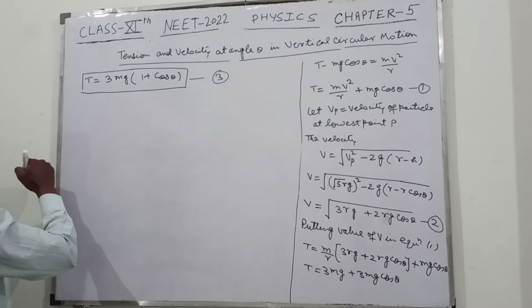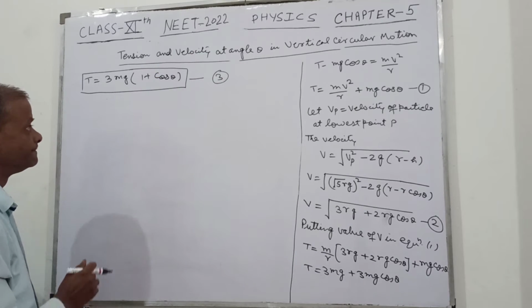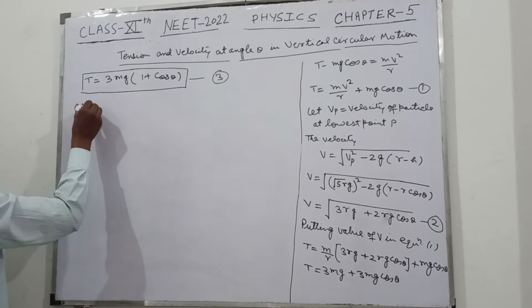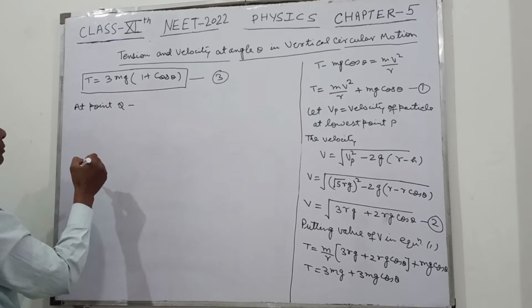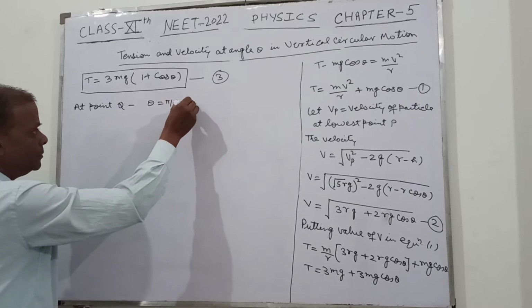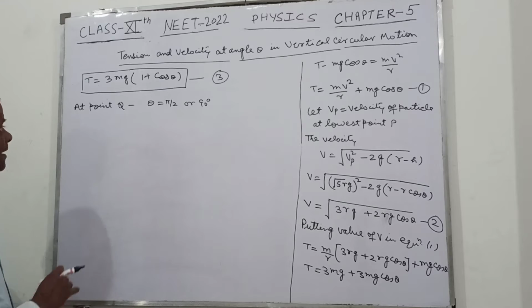So now you can have that we have taken the points P, Q, R, S. So at point Q, what we have? Theta equal to pi by 2 or 90 degrees. So these are the horizontal points.